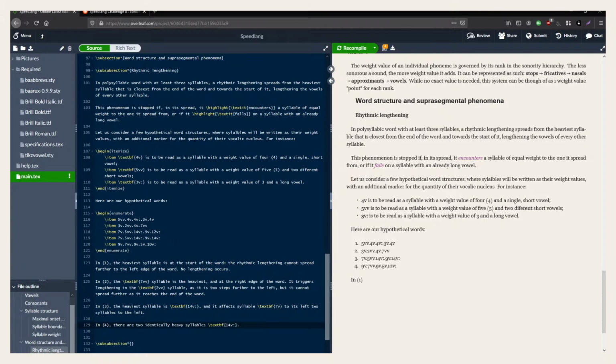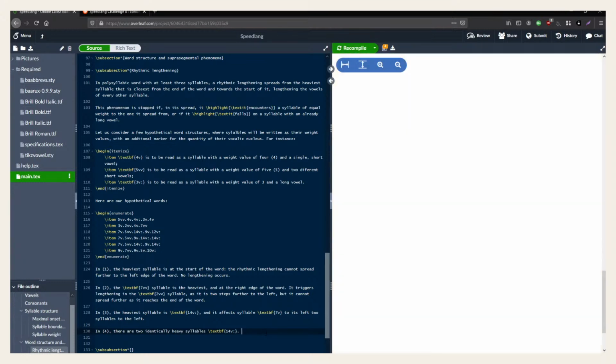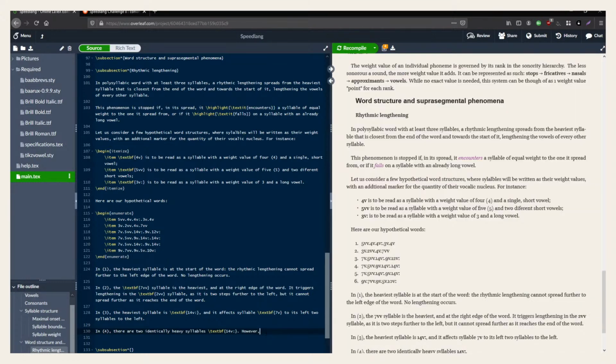Oh no, I know what I wanted to do with the other one. I'm going to move that here. However, they are 1 step apart.